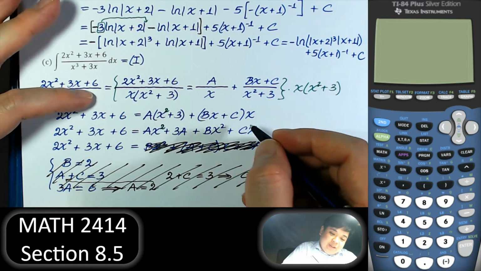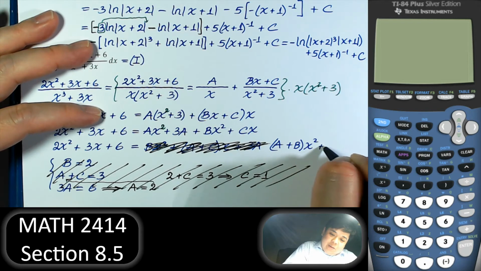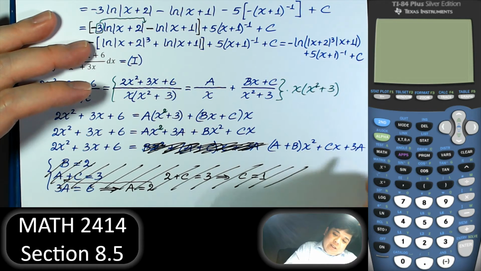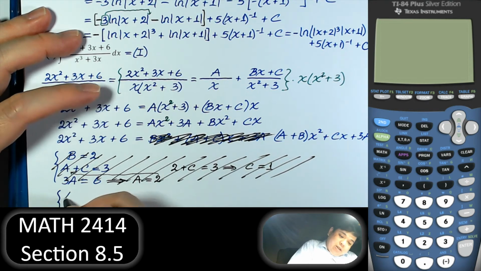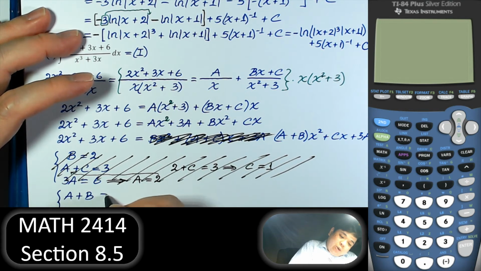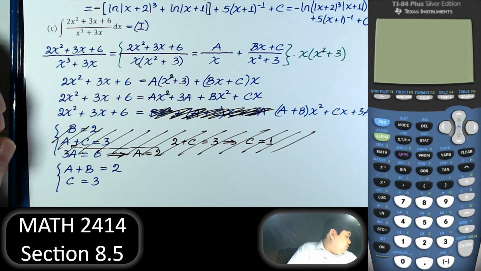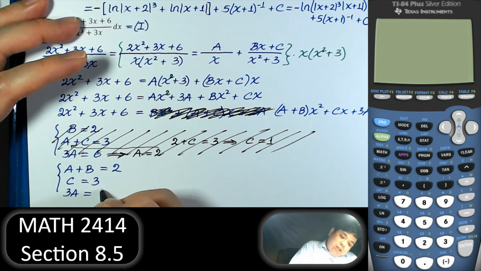Sorry. So a plus b, x squared plus cx plus 3a. Right, so a plus b equal to 2, c equal to 3, and 3a equal to 6.